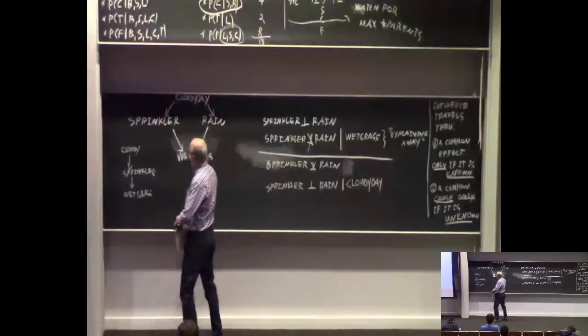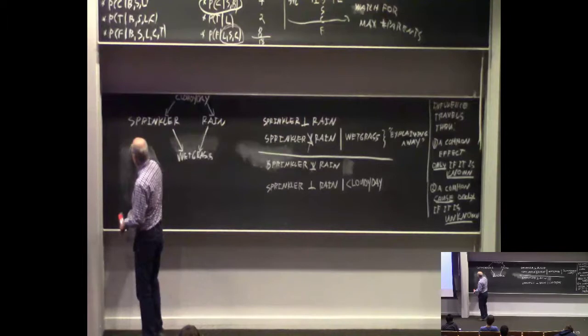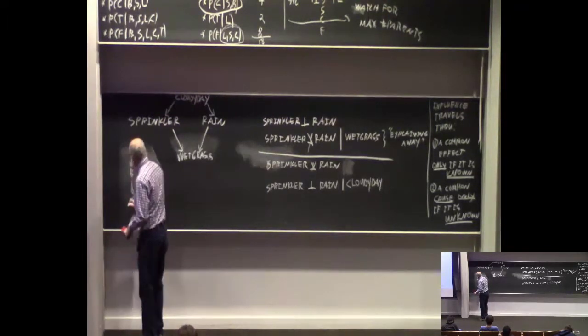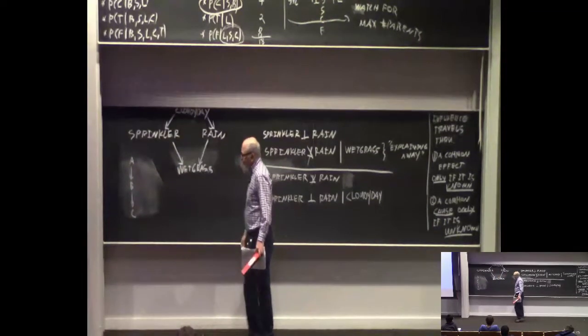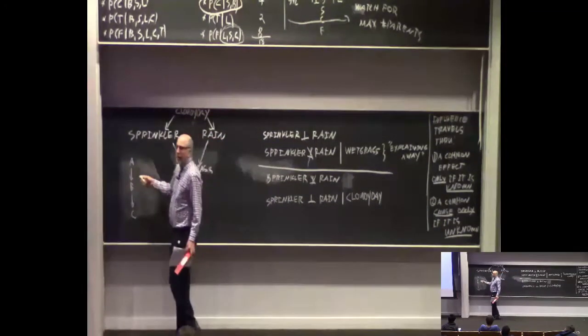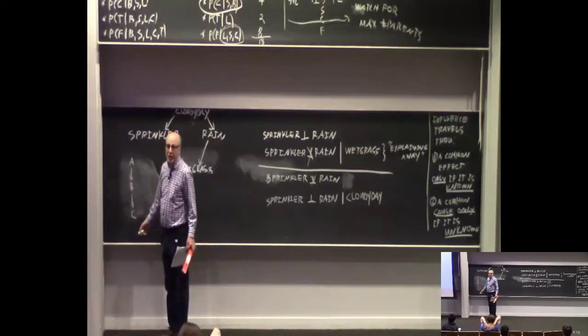Or let me just separate it from this completely. Let me make it just A, B, and C. Again, this does not formally mean that these cause one another. It's just a way of encoding conditional independence assumptions.